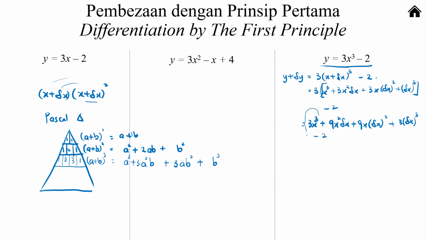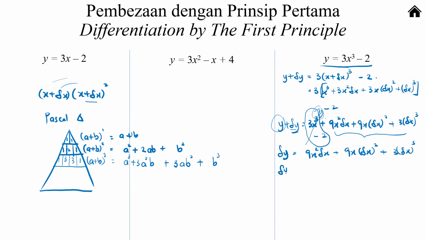And isn't it 3x cubed minus 2 is y, compared to this? So y is y here. So the delta y must be the remaining. So delta y will equal 9x squared delta x plus 9x delta x squared plus 3 delta x cubed.